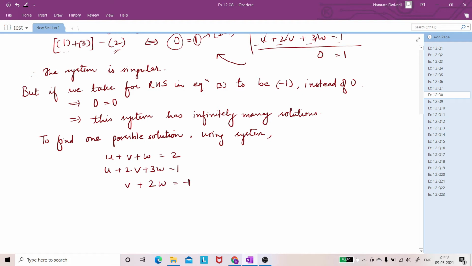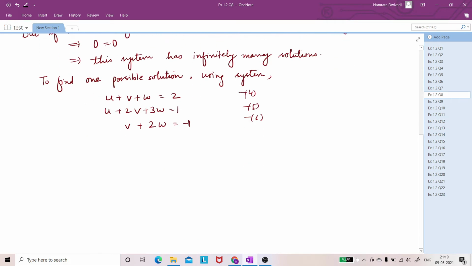Here what we are doing, we are taking minus 1. So we have the equations 4, 5, 6. So what do we get from equation 6? v is equal to minus 2w minus 1. And if we substitute this value of v in equation 4, we get u plus v plus w equals 2.